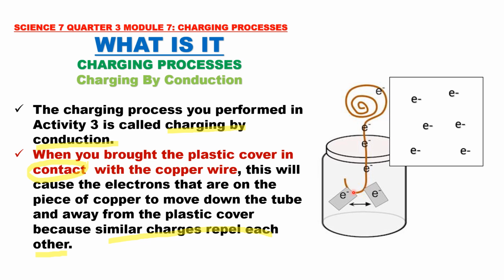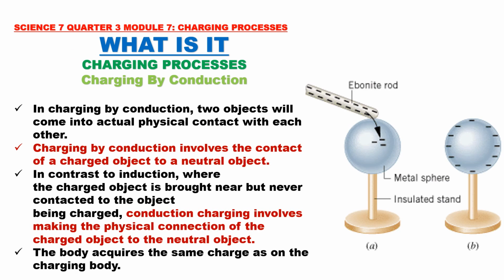So our copper wire becomes negatively charged, as well as the strips of aluminum that are on the hook of the copper wire. So, our strips of aluminum separated. In charging by conduction, two objects come into actual physical contact with each other.